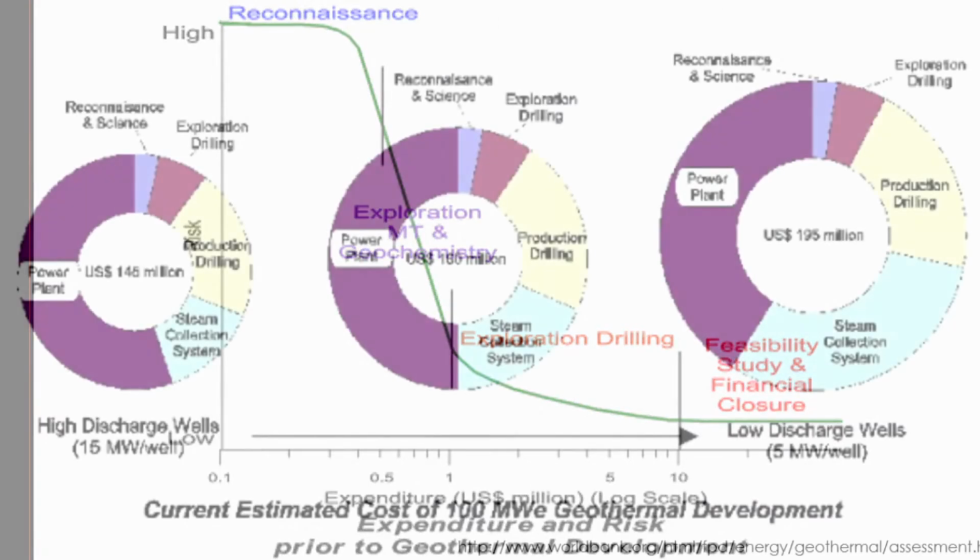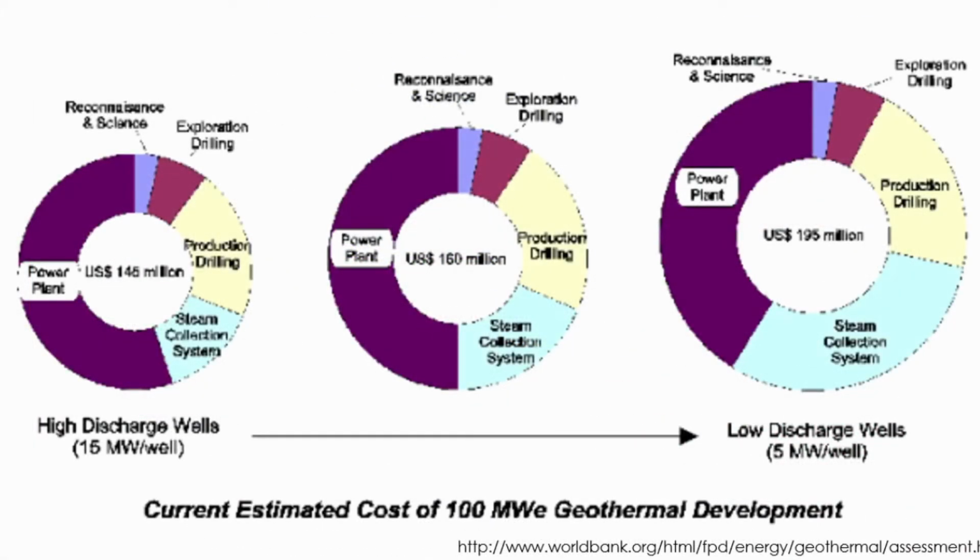So here you see the money spent. For high discharge wells, at 15 megawatts per well, most of the costs are the power plant. If you go to low discharge wells, at 5 megawatts, the steam collection system takes almost as much money as the power plant.